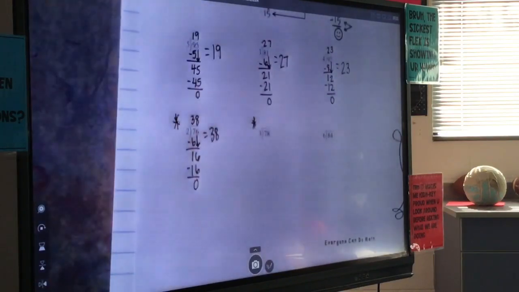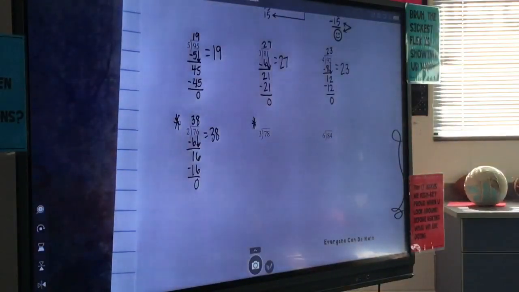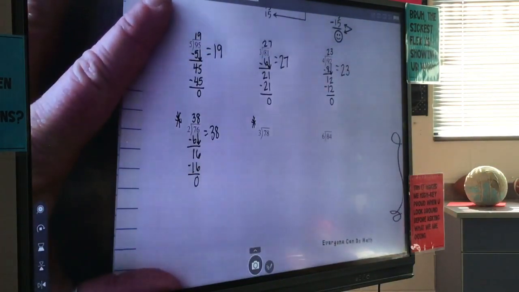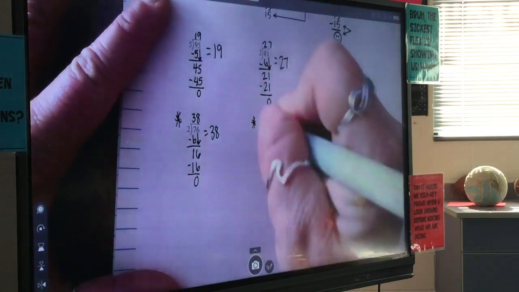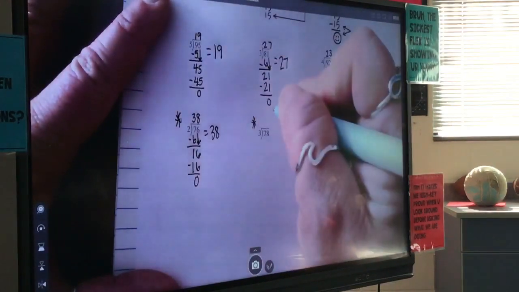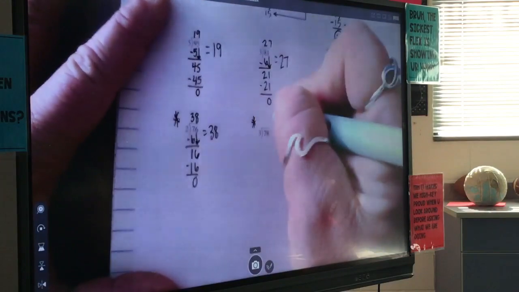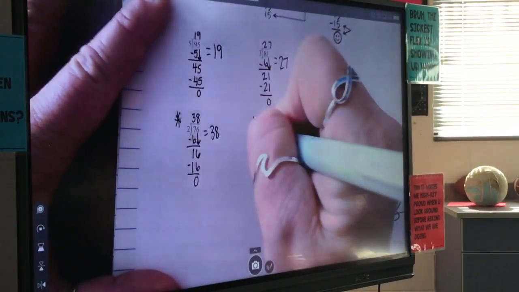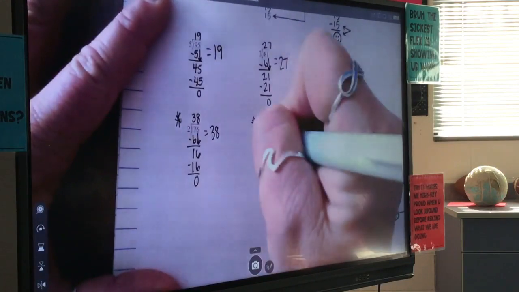Raise your hand if you'd like to do the next one. Kira. Nice and loud. We have 78 divided by 3. Okay. Closest 3 can get to 7 is 3 times 2. Which means we're going to put a 2 over the 7, and then a 6 under the 7. Okay.